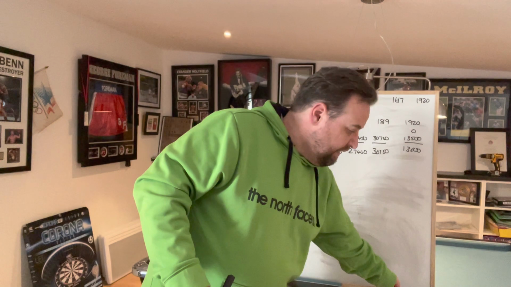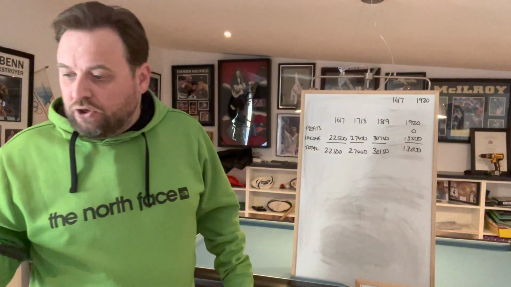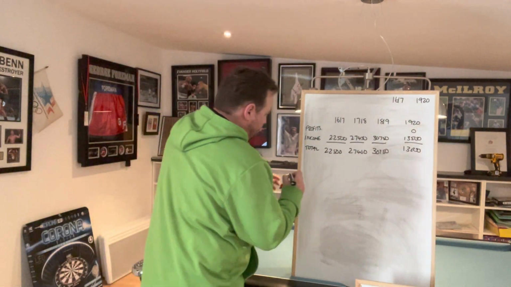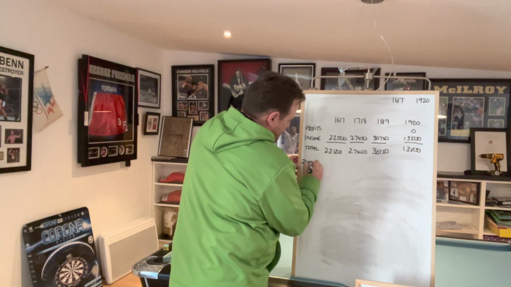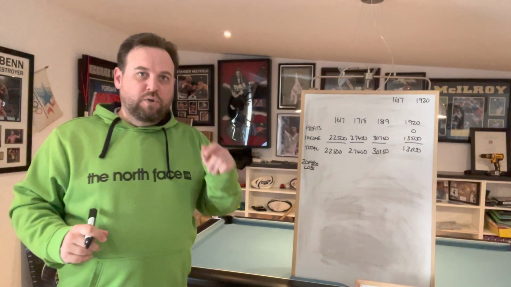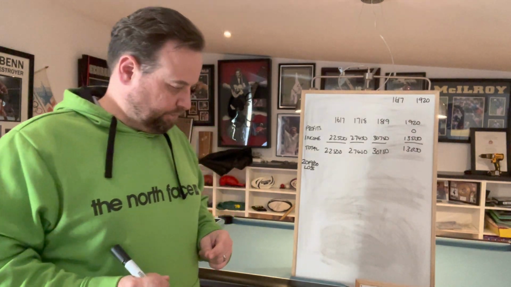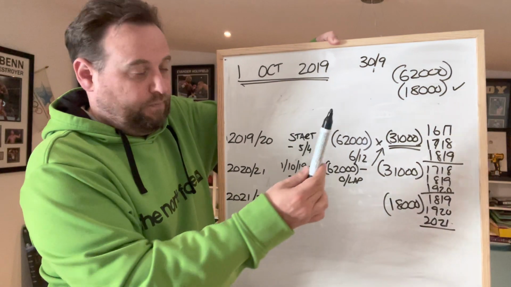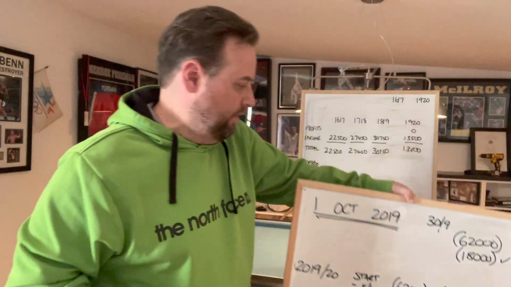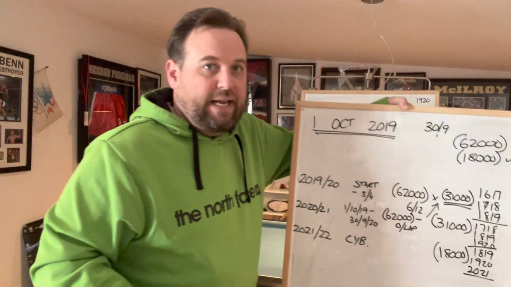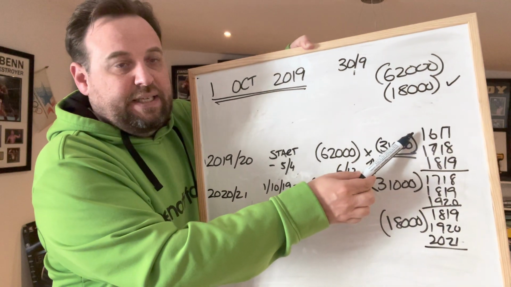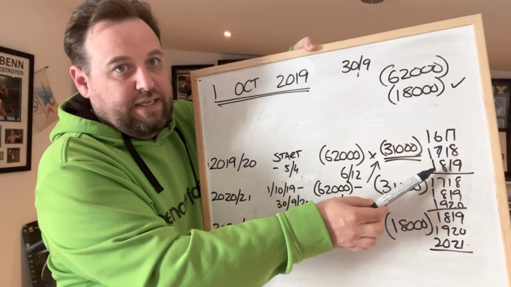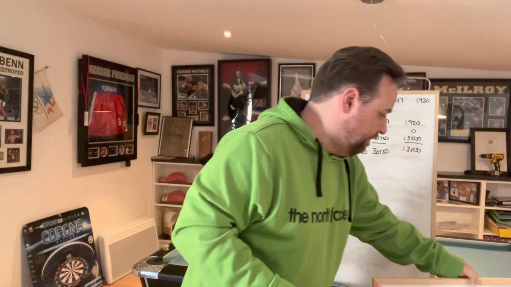So the way we do this is the first year that we generated losses was 2019-20. And the loss in that year was 31,000. And it can go back to 16-17, 17-18 and 18-19.